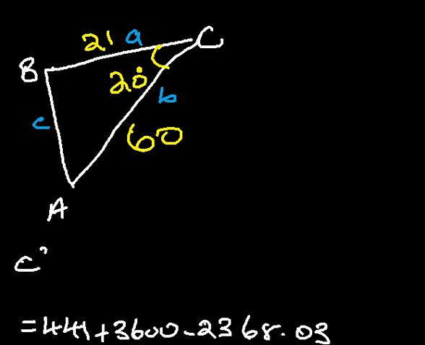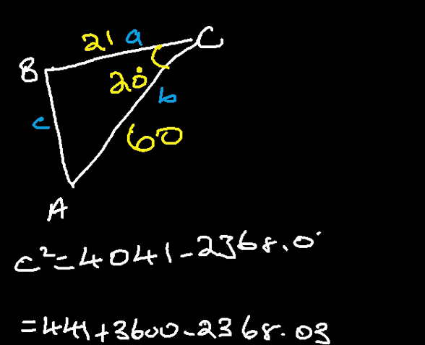Then I'll have c square is equal to the summation of 441 plus 3600, and that is given as 4041 minus 2368.03.